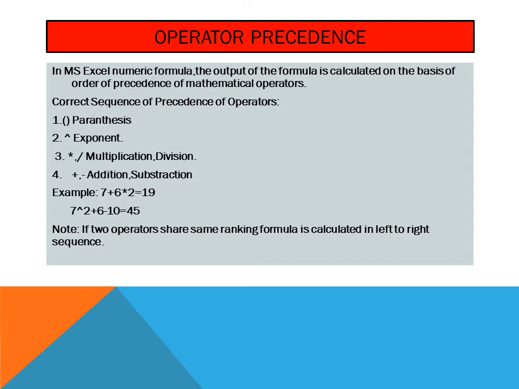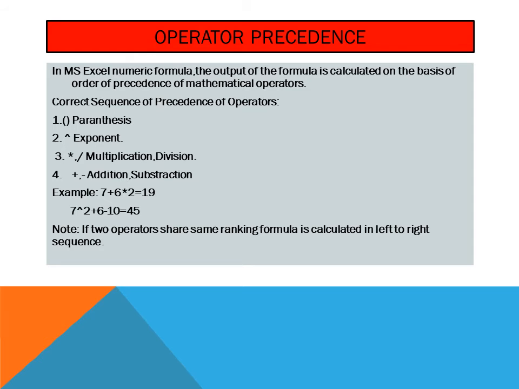Multiplication is considered to be more important than the addition. So while solving this formula, we need to solve the multiplication first. So 6 into 2 is 12, plus 7, that is equal to 19, right? So that is the importance of the precedence of the operator.